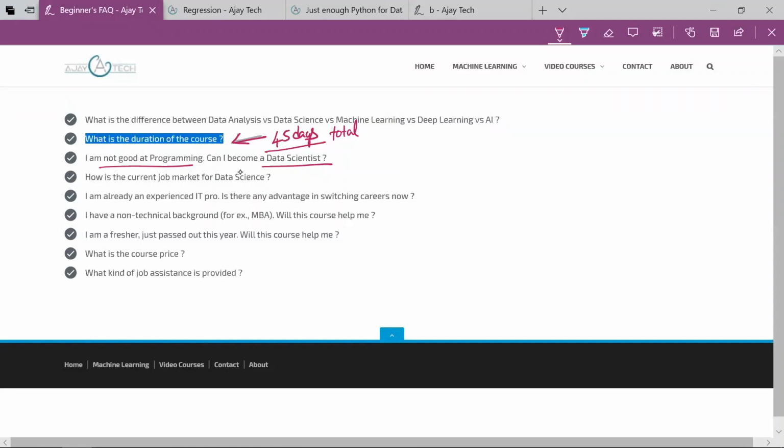Next is, what is the current job situation for data science? How is the data science job market? The data science job market is pretty hot. At least it's going to stay there for some time now. I'm not saying there are billions and zillions of jobs, but there is a pretty decent number of jobs in the market, because there are so many data science based products coming up.